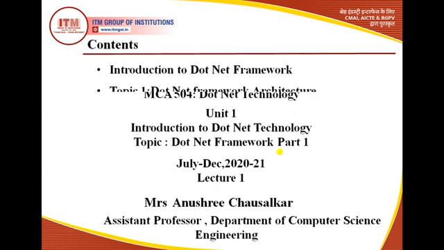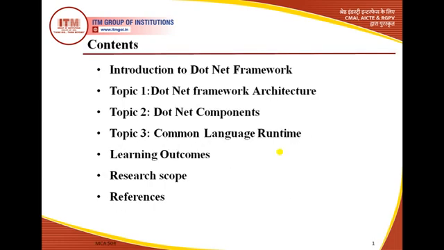So let us begin. Now the contents which we are going to cover in this lecture: first is introduction to the .NET framework, and then we will go ahead with topic 1, that is .NET framework architecture. Then we will move on to the next topic, that is the .NET components.